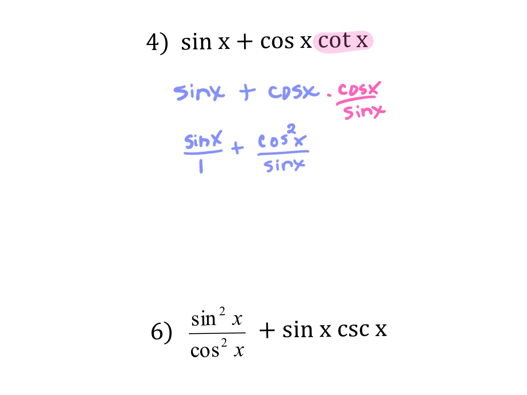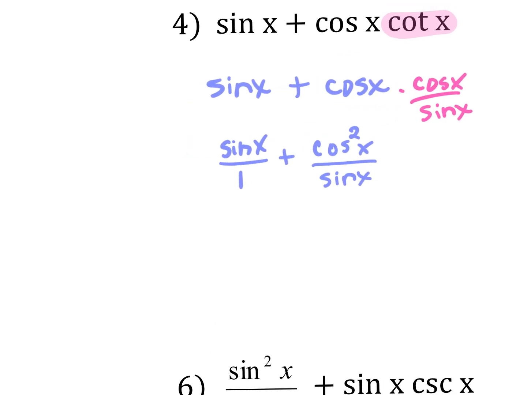So we have sines and cosines, so we've done as much as we can there. But now the issue is we've got fractions, and we're trying to add them. So what do we need? Yeah, we need a common denominator if we're going to add fractions, right? So what would the common denominator be? Sine x.